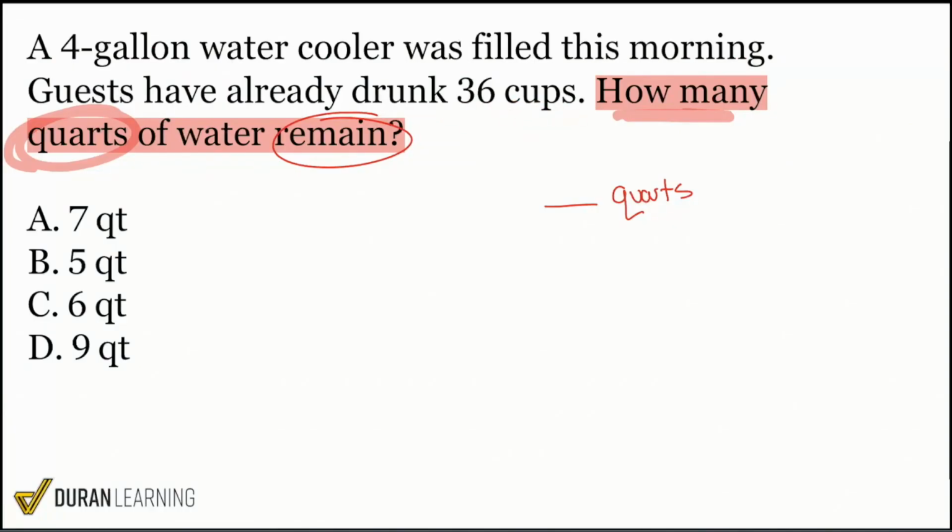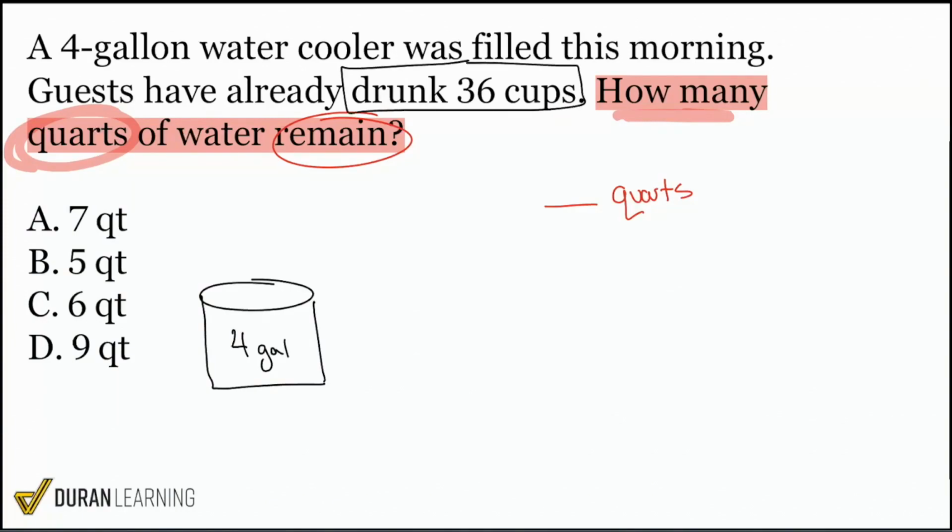So everybody, is it fair to say, even if you don't know how to actually do the math, that we have this water cooler right here that's 4 gallons, and we see that our guests have drunk 36 cups? So that means that we have to subtract 36 cups.